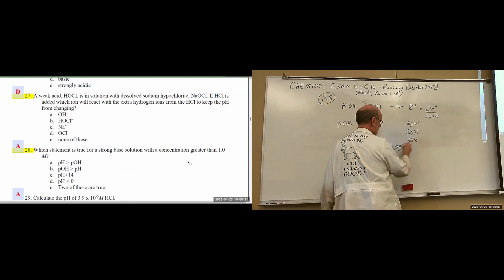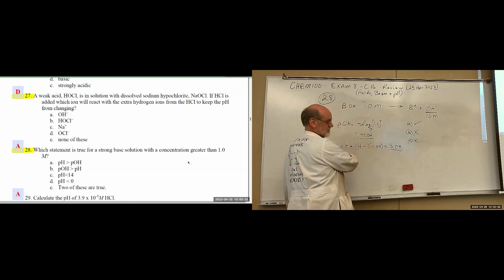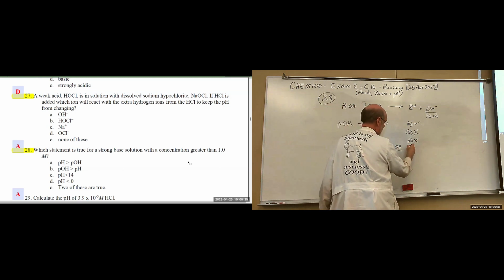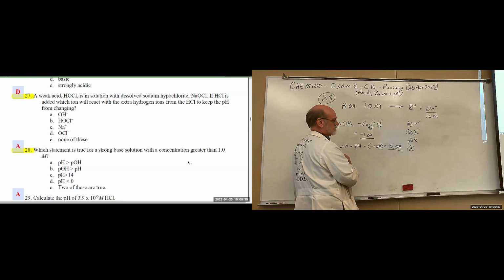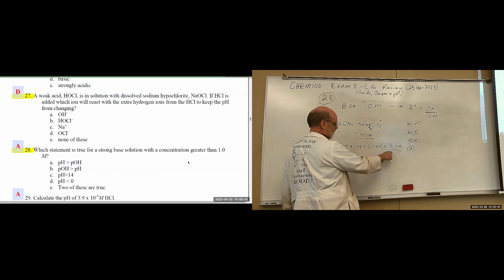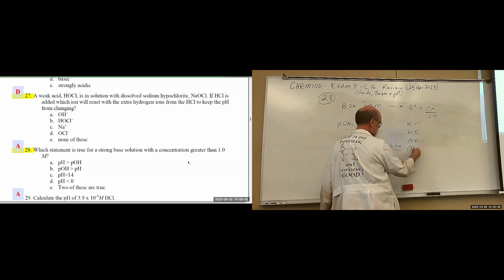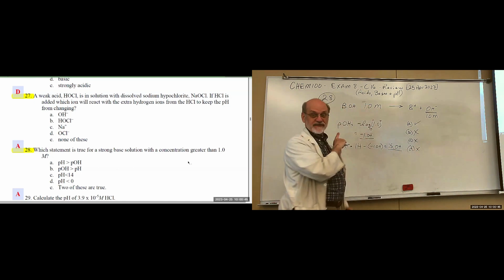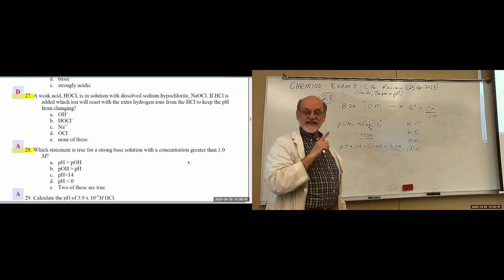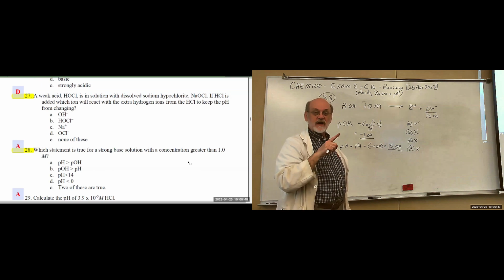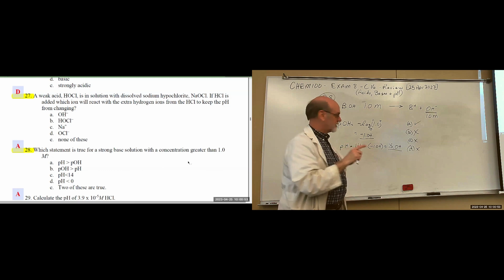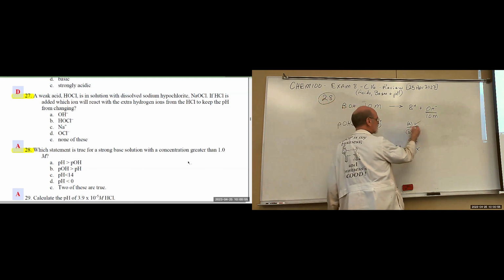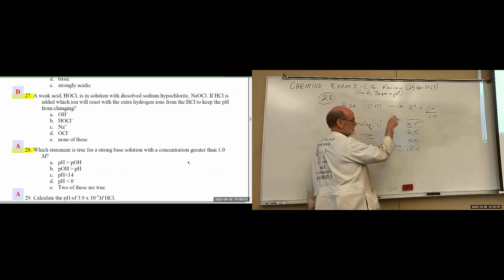Nope, it's greater than 14. And D, pH is less than 0? No, pH is greater than 0. pOH is less than 0, right? If it had said pOH is less than 0, that would also be true, and then E would be the answer. But it's not, because the only one that's true in this selection is A.